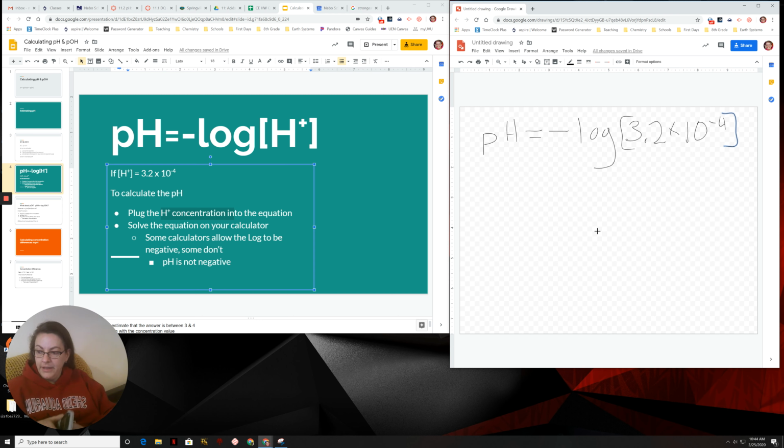Right here I have the TI-84, okay? All you need to do is use the log button. On this one, it just has log right there. You can kind of see it on the button. Now some calculators you have to hit the log button first.